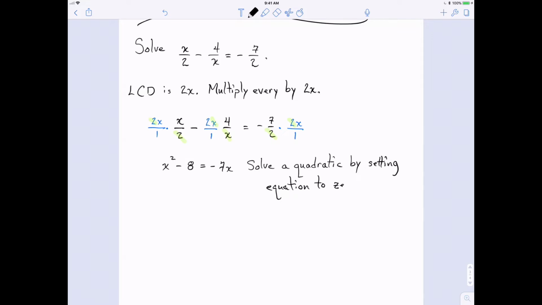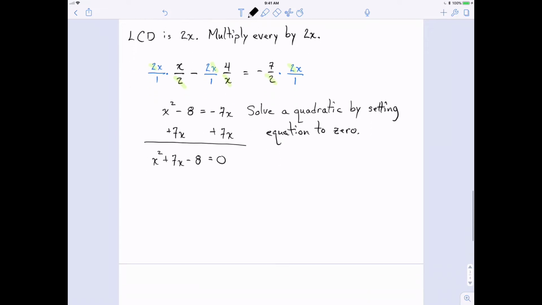One of our strategies was to keep the squared term positive. You don't have to, but it sure is cleaner. So what I would do is add 7x to the left-hand side, so I'll put it right there. Now I have x squared plus 7x minus 8 equals 0.